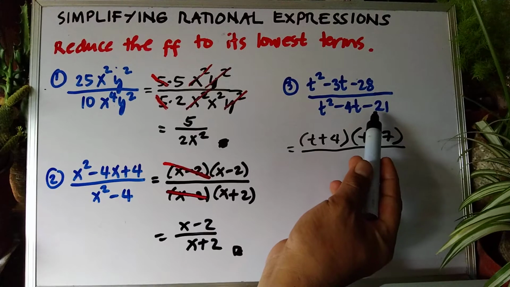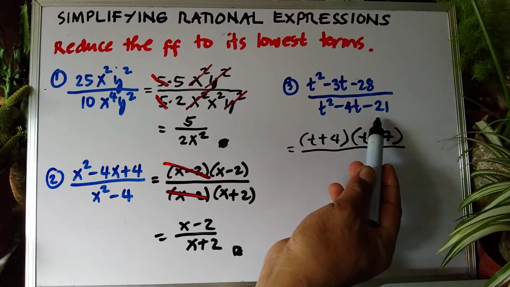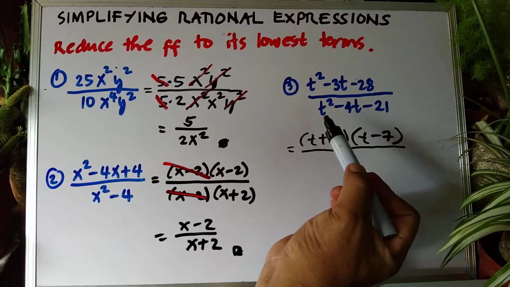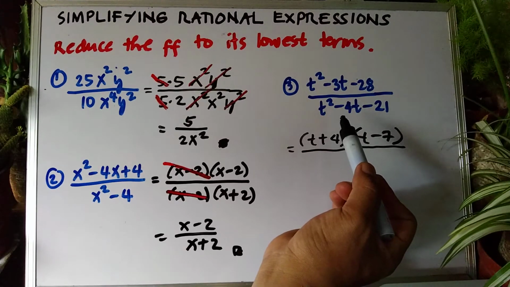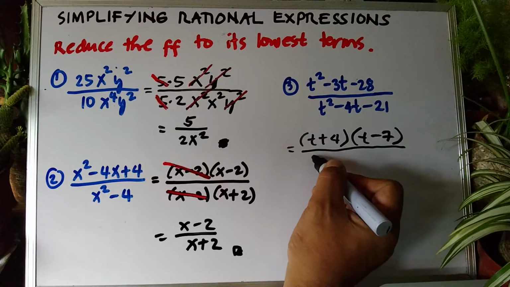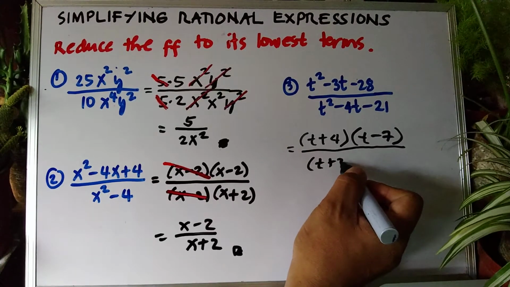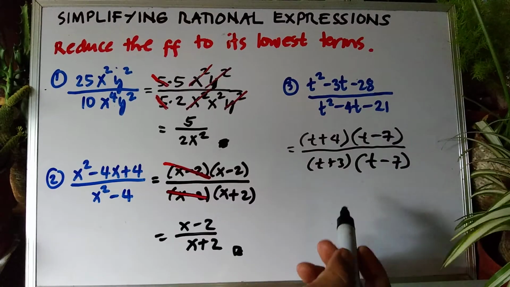So here, we have negative 21. So 21 can be a factor of 7 times 3 without the sign. So still we can use 7 and 3. Right? So negative 4 ito dito. So it follows that t plus 3 times t minus 7.